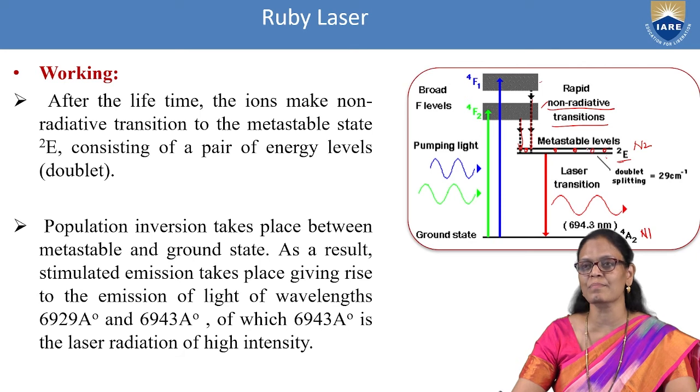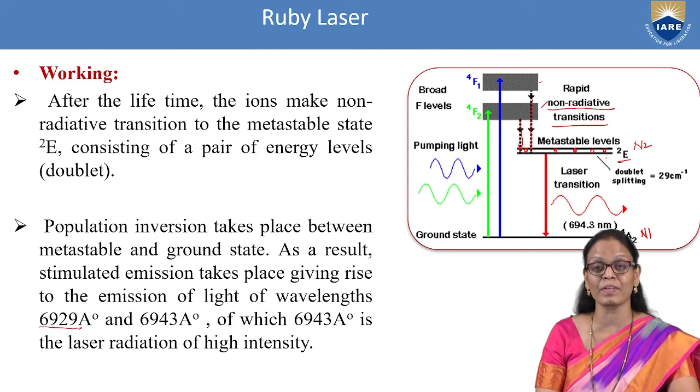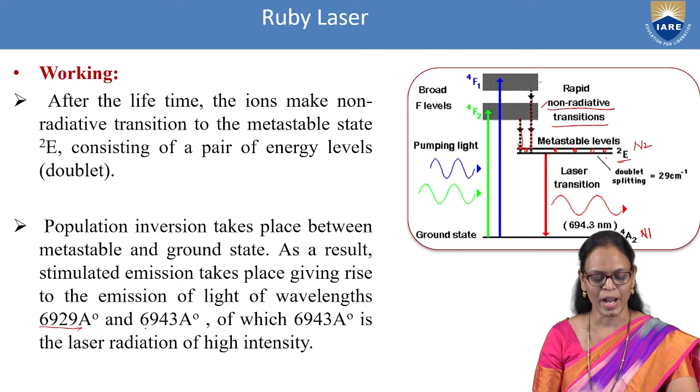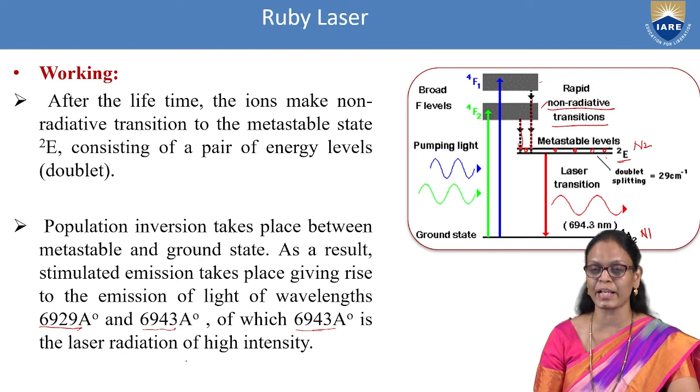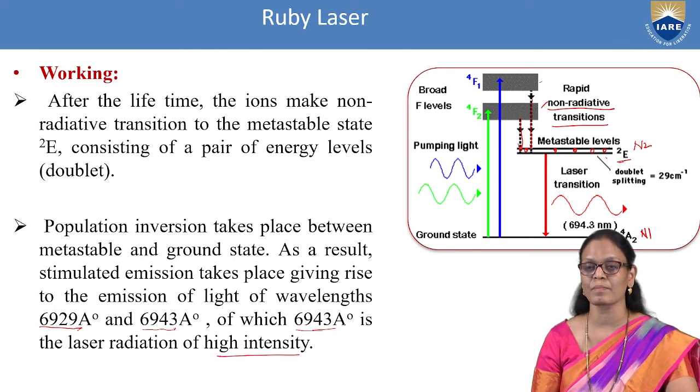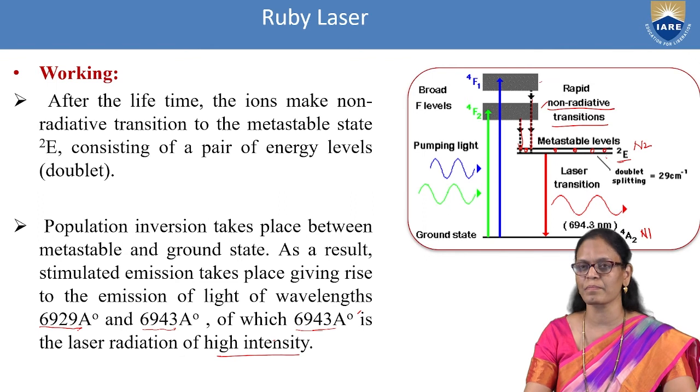When these atoms come from the metastable state to the ground state, there may be 2 types of radiations. One corresponds to the wavelength 6929 and the other is 6943, out of which 6943 is the laser radiation of high intensity. So we get two types of wavelengths, and mostly 6943 is of high intensity.